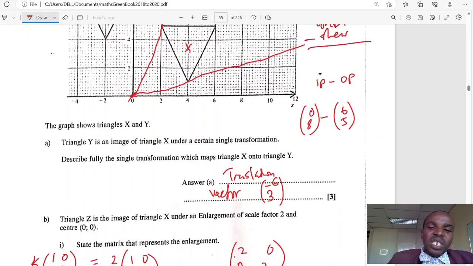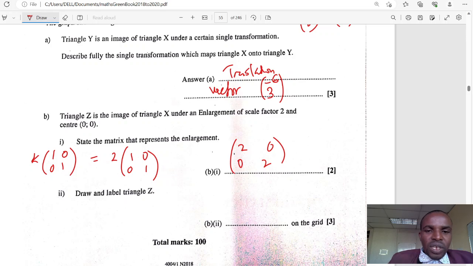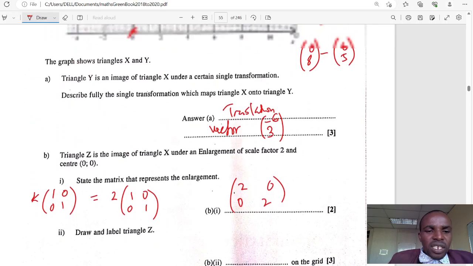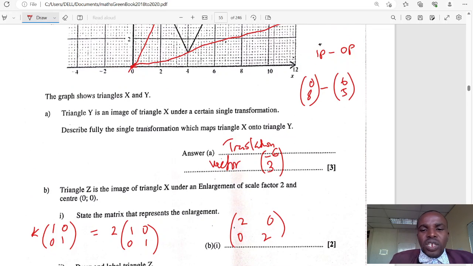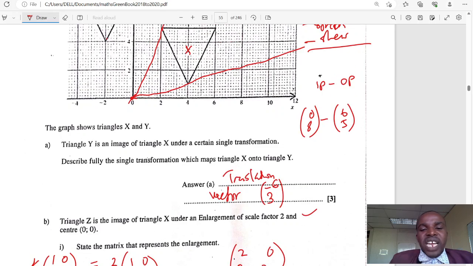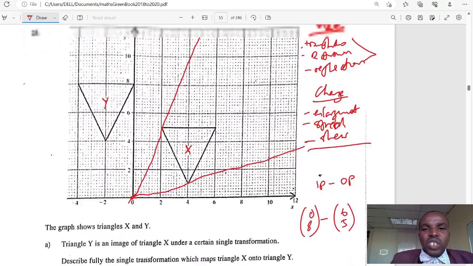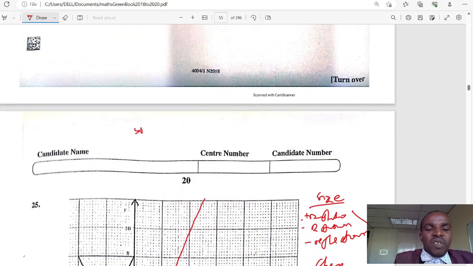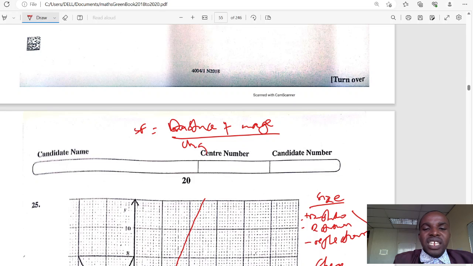So our scale factor is 2. So you can say use image side over original side. That's called scale factor. So you can say scale factor is equal to distance of image from center over distance of original point from center. This one will work.